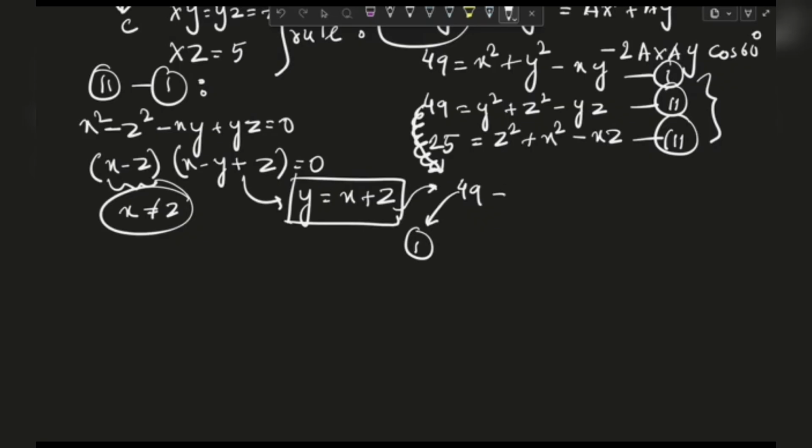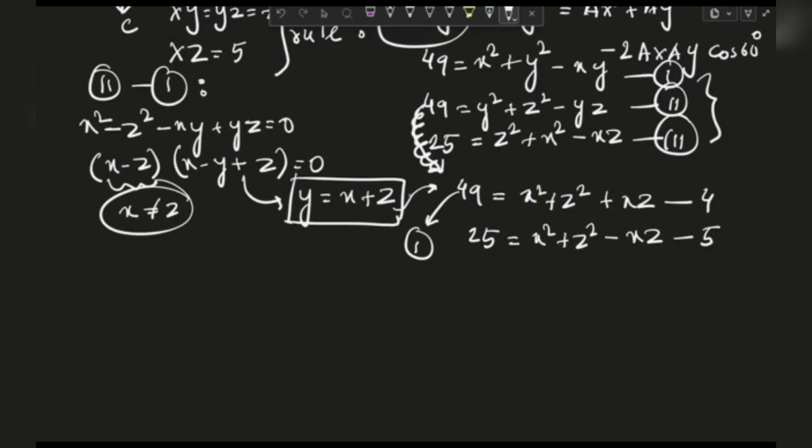So this becomes 49 equals x squared plus z squared plus xz, and I will also satisfy this into equation number 3. So this becomes 25 equals x squared plus z squared minus xz. Let's name these 4 and 5. So now let's add up 4 and 5.